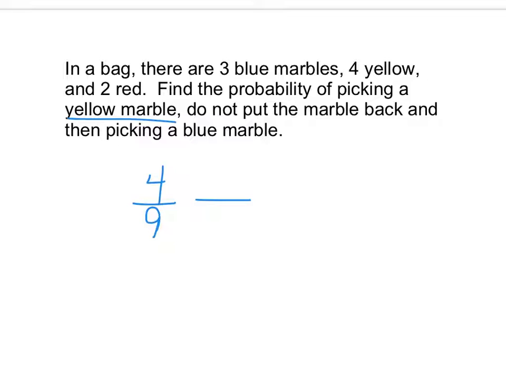Since I've taken a yellow, now I have 3 yellows. We always assume success when we're doing this. So we have to assume we did get a yellow marble. Now we only have 8 marbles left, but blue didn't change, so blue still has 3 blue marbles. So then this is 12 out of 72.